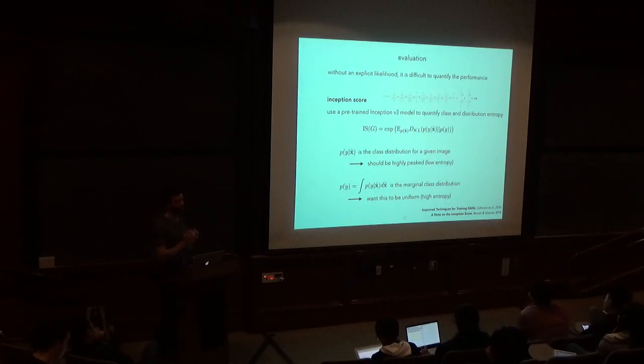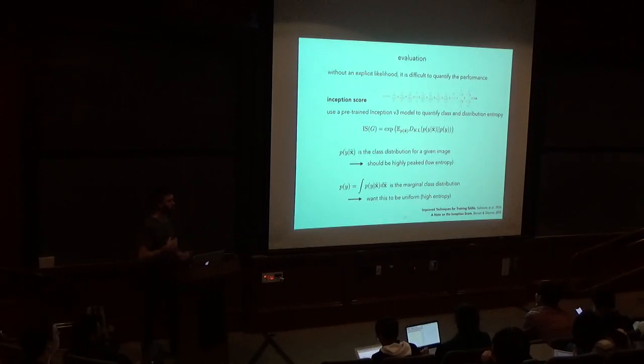So I want these examples to look very much like real things. And I also want a broad distribution over all of the examples that I'm generating. So it's trading off between precision and this dispersion over the entire data distribution.